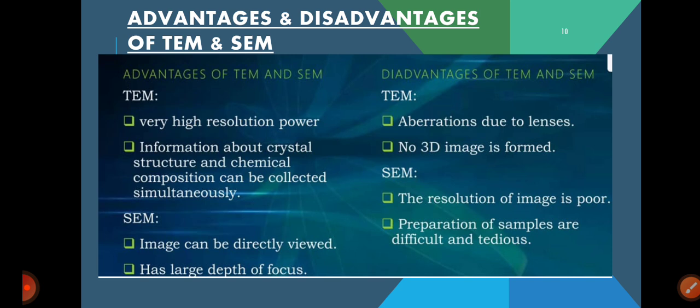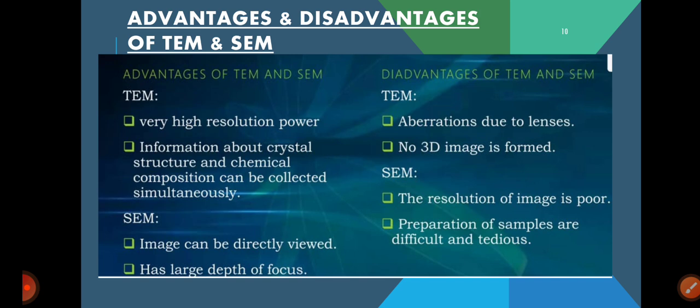Next, some disadvantages of TEM: aberration due to lenses. As I already told you, in the TEM we eliminate the diffracted beam, the X-ray beam, to get a contrast image or a magnified image.